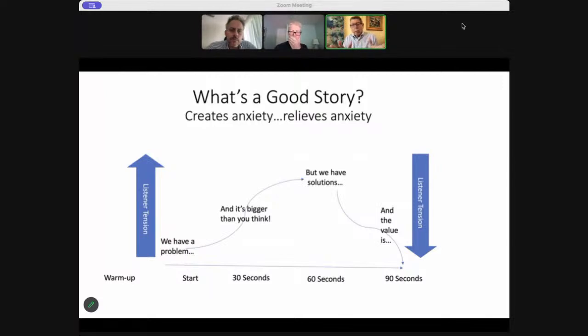So here's what you could do with facts and rationale. When we talk about we have a problem, you could put 3 big problem items in there. And when you talk about bigger than you think, you can put 3 complications in there that make this very hard to solve. And then when you talk about solutions, even though there are probably 5 or 6 sciences you'd like to talk about, you could say, let me just talk about the big 3, the ones that I'm thinking we have maybe the best potential in at the moment.